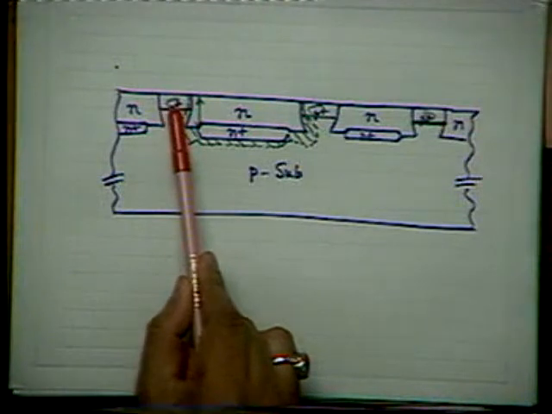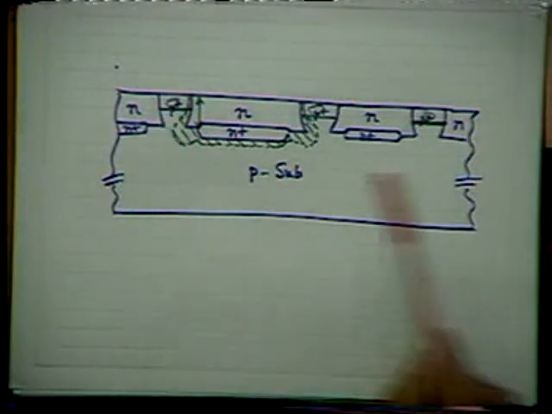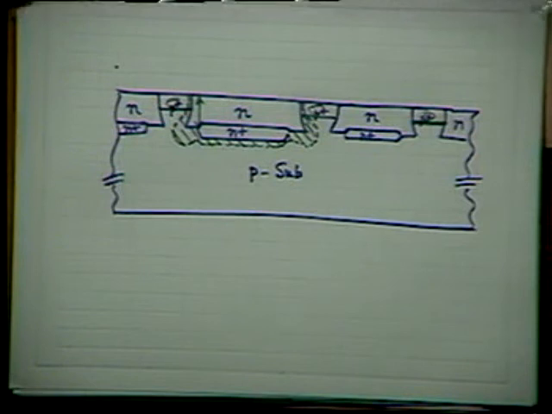As oxidation goes on, this silicon interface will gradually go down because the oxide has a volume twice that of silicon. Silicon's density is roughly 50% of silicon dioxide's, so there will be a volume expansion. As silicon gets converted into silicon dioxide, its volume will be expanded doubly.